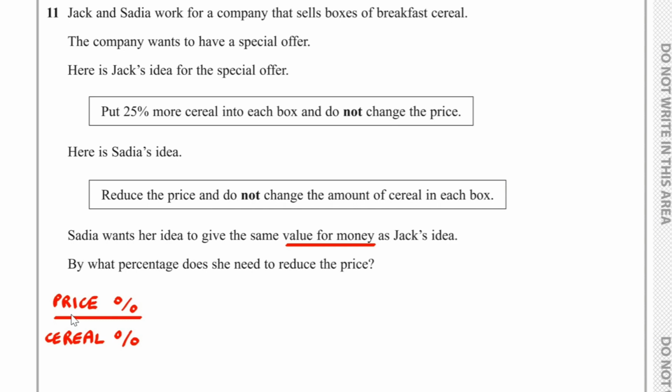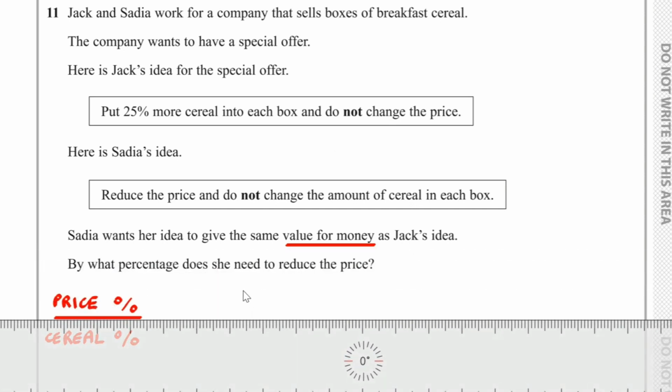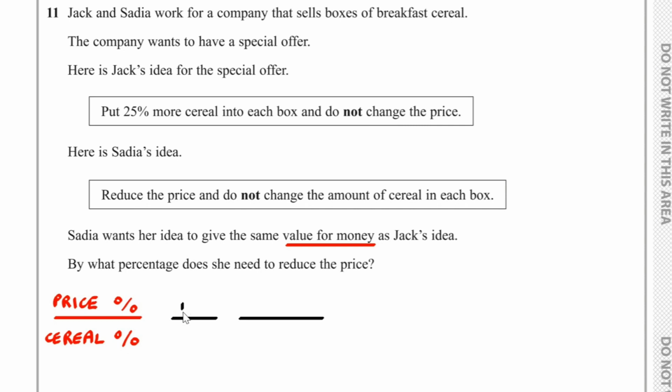Now, because we are considering value for money, to work out value for money, we've got the price percentage over the cereal percentage, and we want this to be the same. So if I consider the amount for Jack, he's saying do not change the price, so the price for him will still remain as 100%, but he's saying put 25% more cereal in, so the cereal percentage, that's 125.